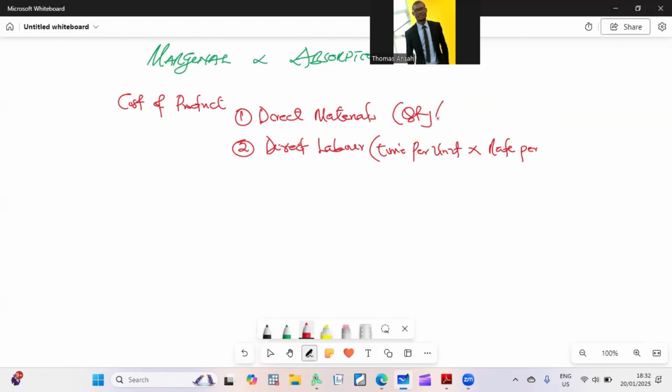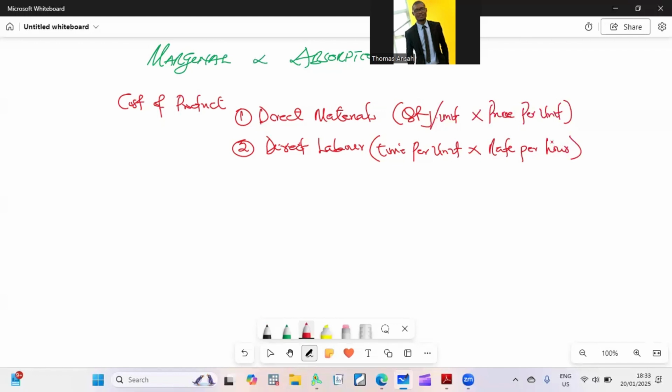So we can say quantity per unit multiplied by price per unit, because we want the price of 1. So this one is time per unit, and you multiply that by the rate per hour. So that is that.